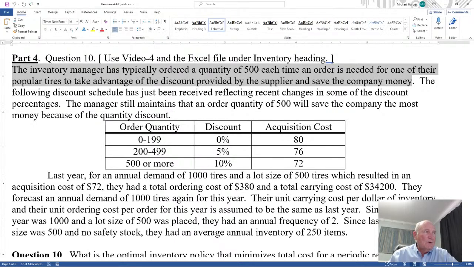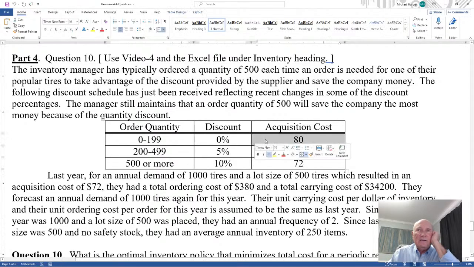And so what is he doing? He's saying, okay, let me pull things up here. I see here the tire cost from the supplier is $80 per tire.